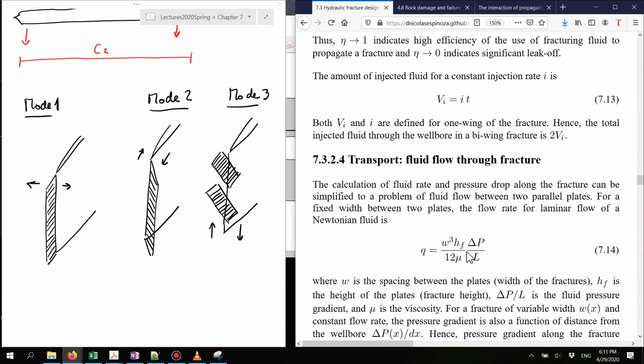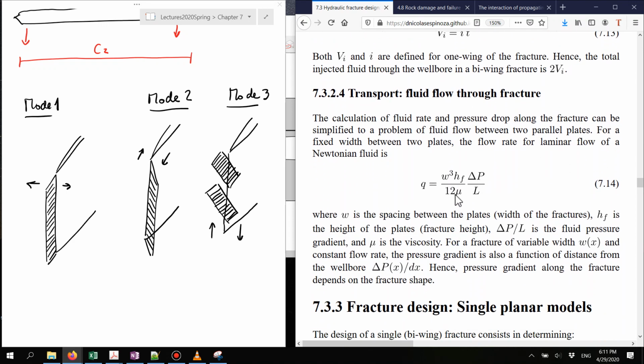And the last problem to solve is a transport problem in which we want to know the pressure gradient as we move in the direction of the fracture from the wellbore to the tip. For that fluid flow to move in the fracture and go from the well to the tip, let me redraw that over here.